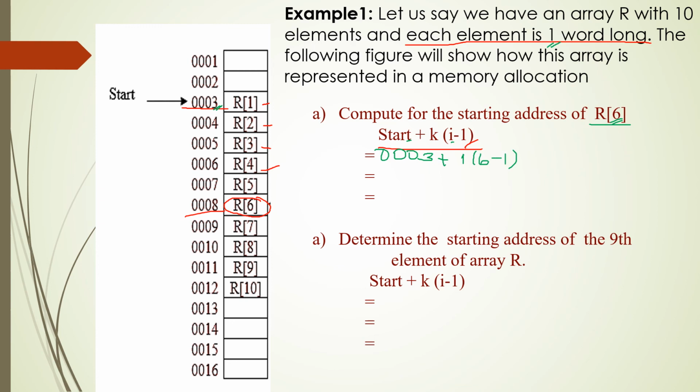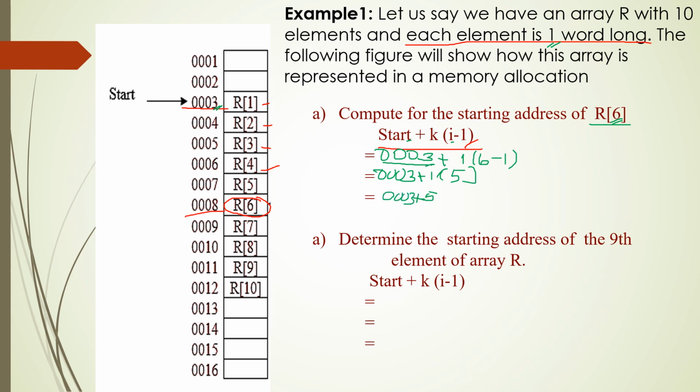Okay. Why minus 1? Because 0003, the starting address of the first element, is already counted. Okay? So, 0003 plus. So, we do the math. Unahin muna yung nasa loob ng parentheses. So, we have 6 minus 1 is 5. 1 times 5 is 5 plus 0003.